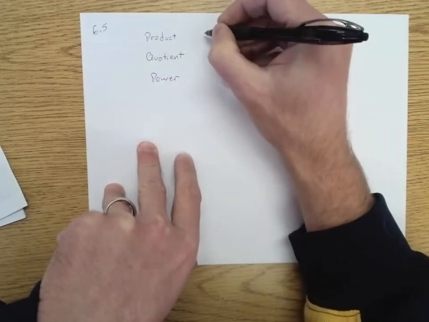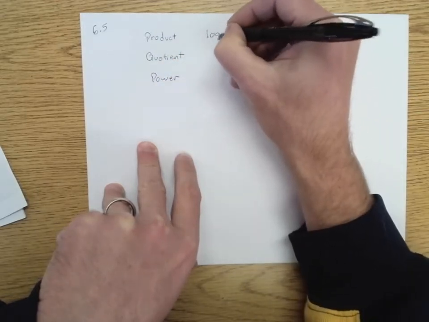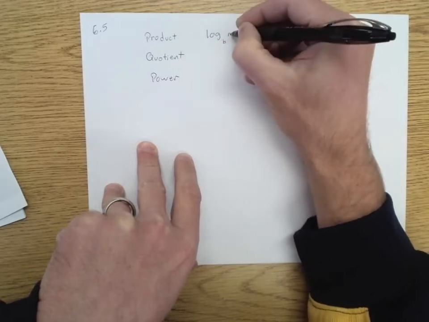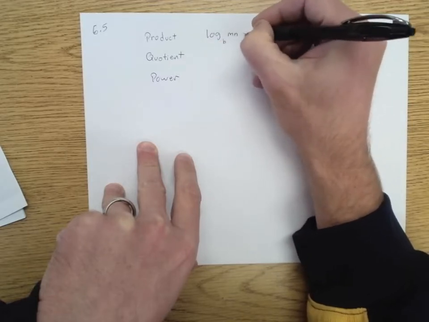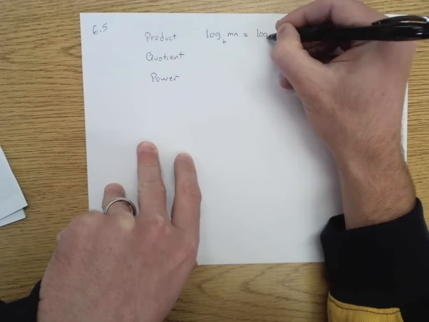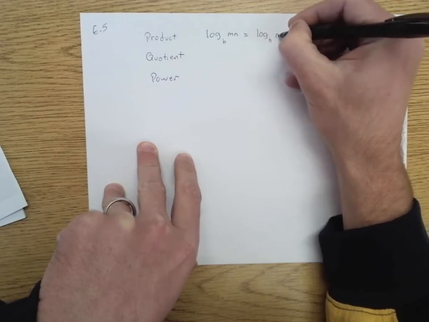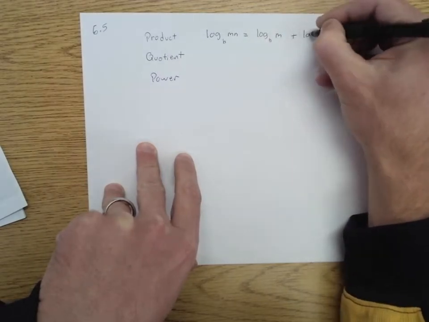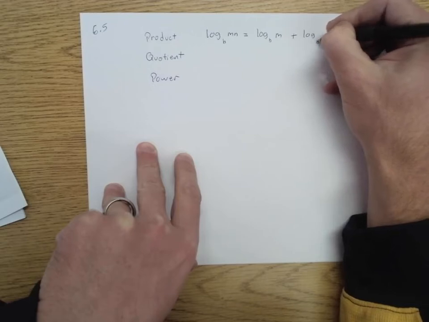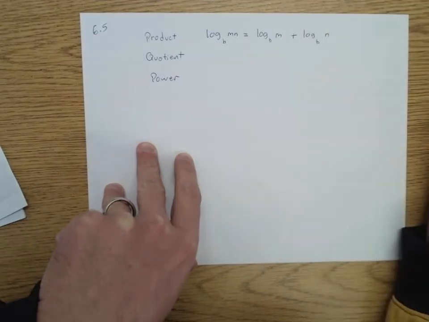So the product property says log base b of mn is equivalent to log base b of m plus log base b of n.